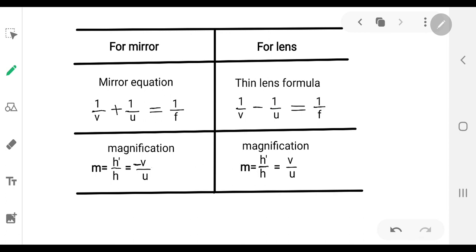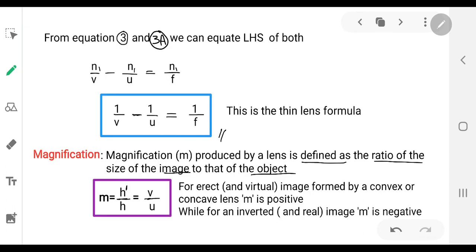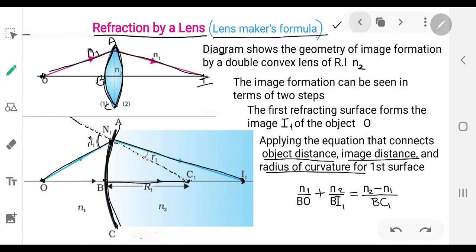The magnification for a mirror is minus v by u, whereas for a lens it is plus v by u. So go through the derivation and ask your doubts in a doubt clarification session.